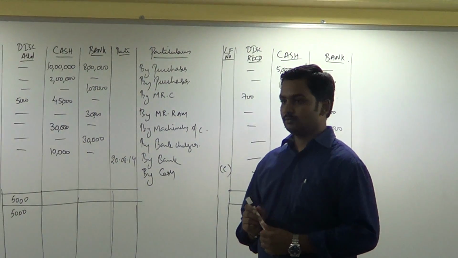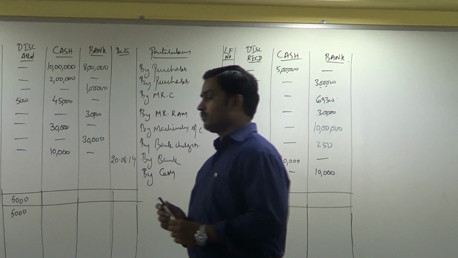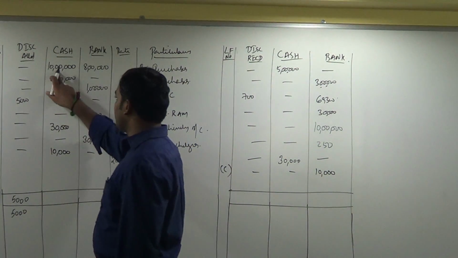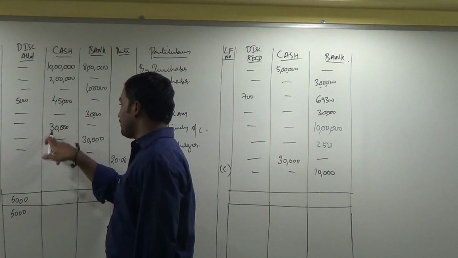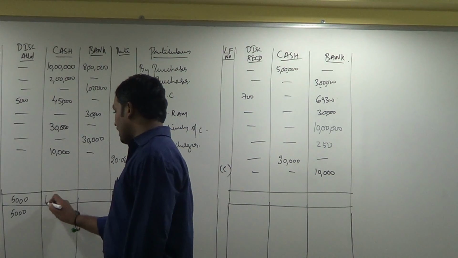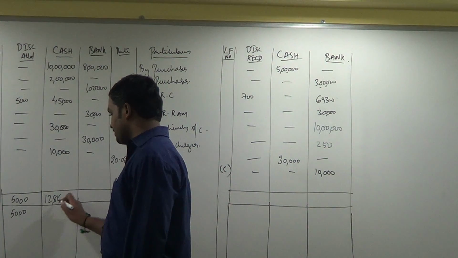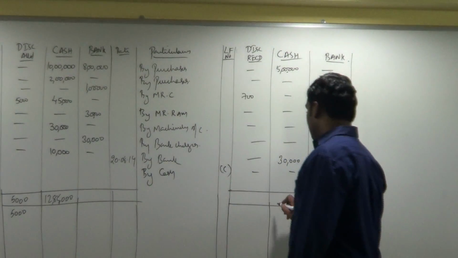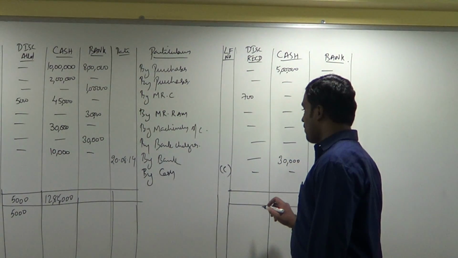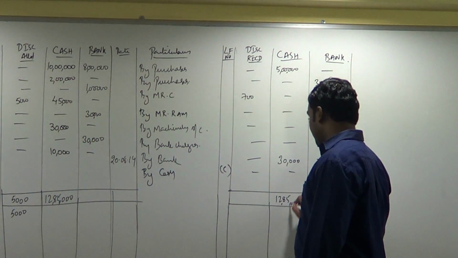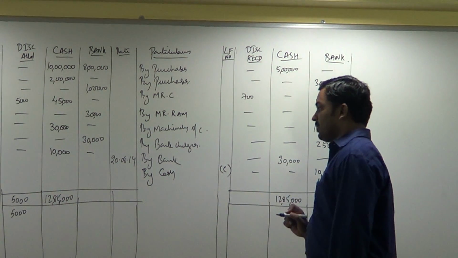Next, go to the deposit side of the cash book. 10 plus 2, 12, 1245, 1275, 1285. 12,85,000 is the total of the receipt side. 12,85,000 on the payment side.